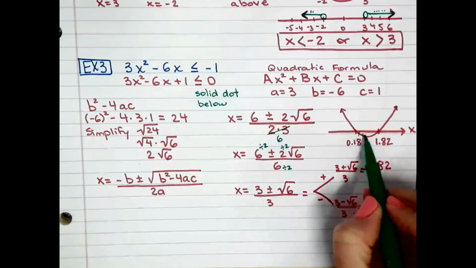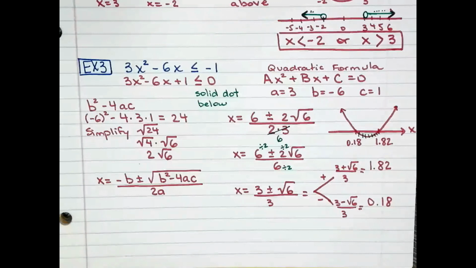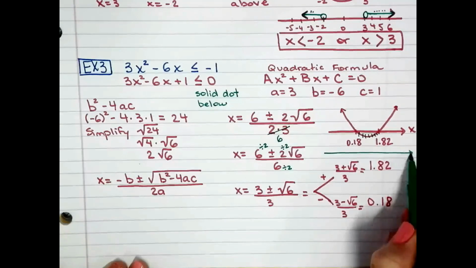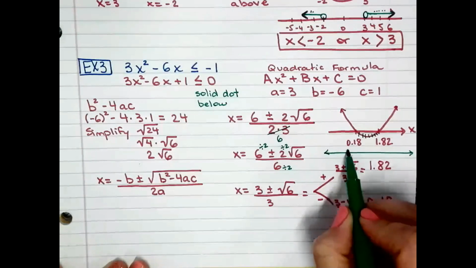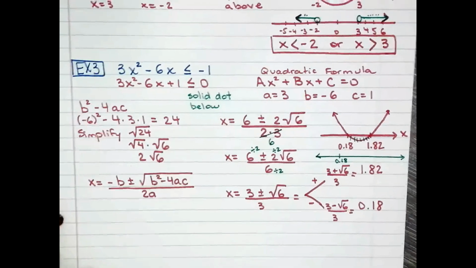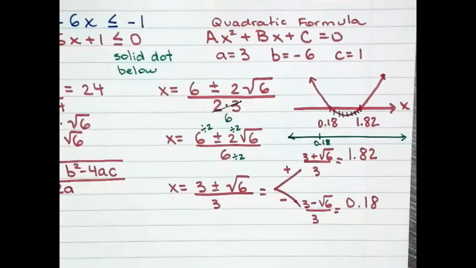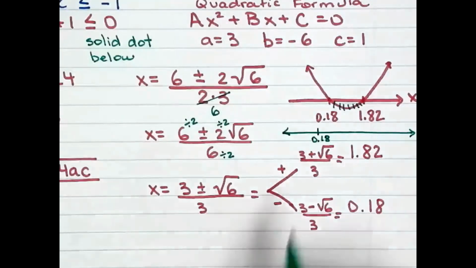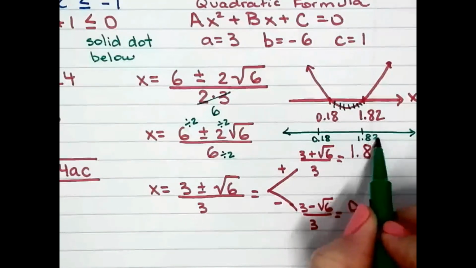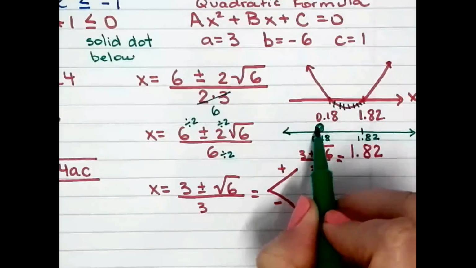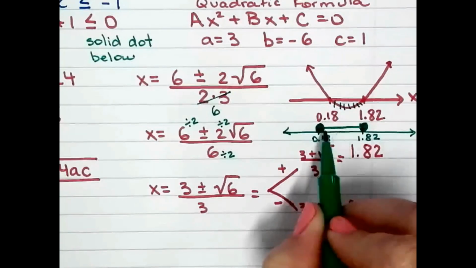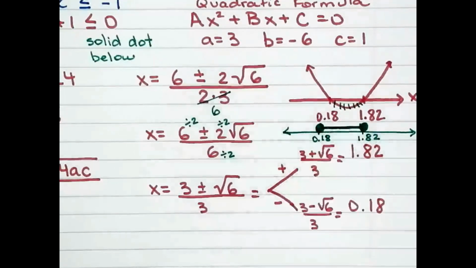So below is right there. So that means if I were to draw the number line, I have 0.18. I'm going to zoom in because you can barely see it. I have 0.18 and 1.82. Closed dot. Closed dot. And x is everything between those two numbers.